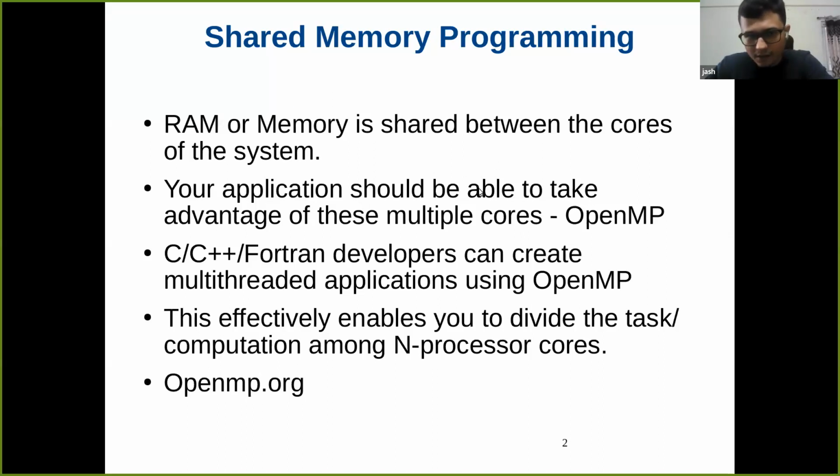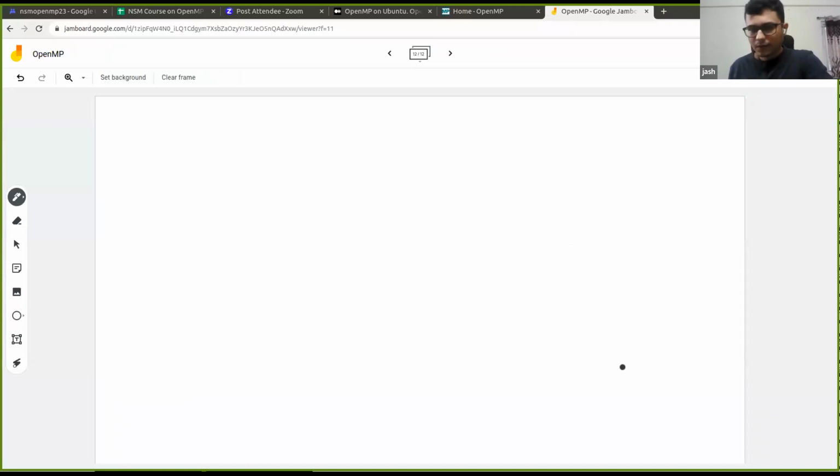Give me a minute, I'll share my whiteboard. Okay, I hope the whiteboard is visible. When you write a simple C program or a serial program, you have a multi-core system. Your laptop definitely has multiple cores.